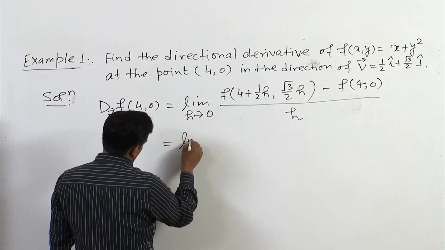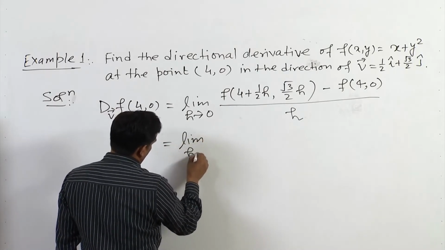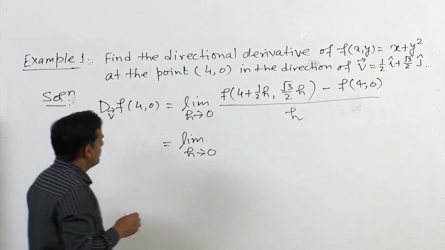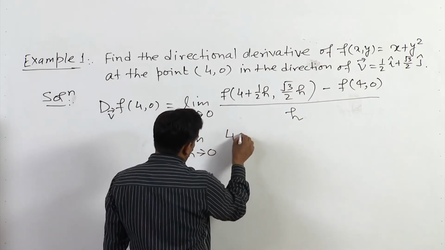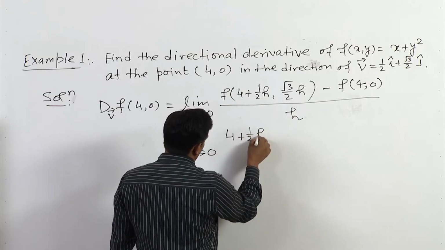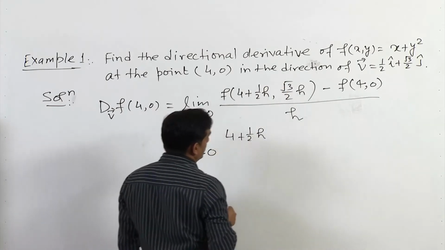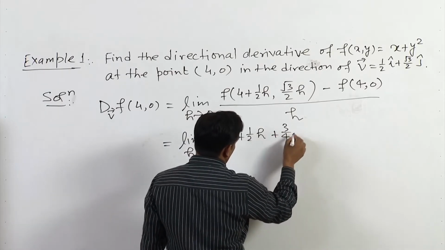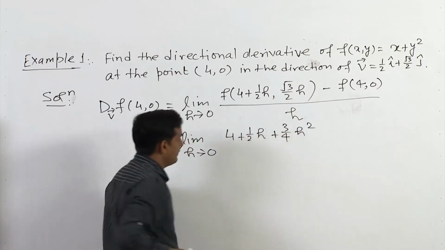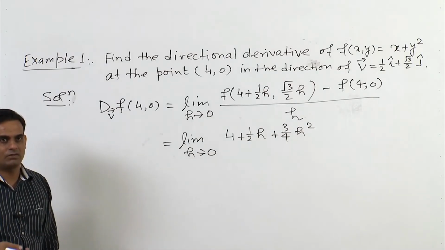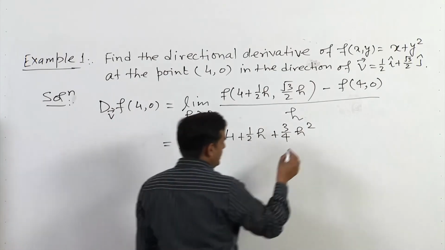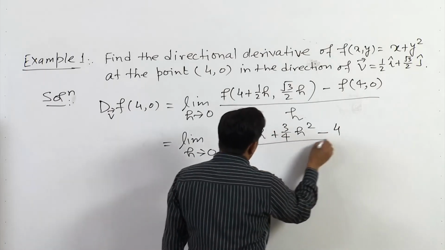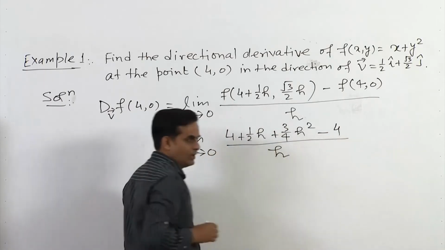This equals the limit h tending to 0 of, 4 plus half h plus 3 by 4 h square, that is x plus y square, minus f of 4, 0 which will be 4, upon h.